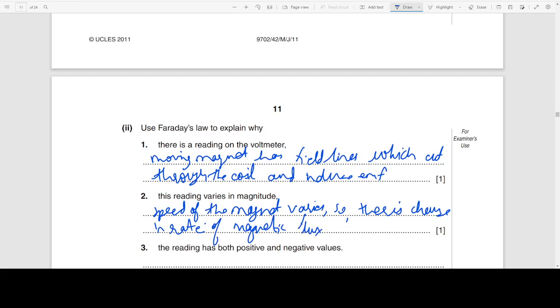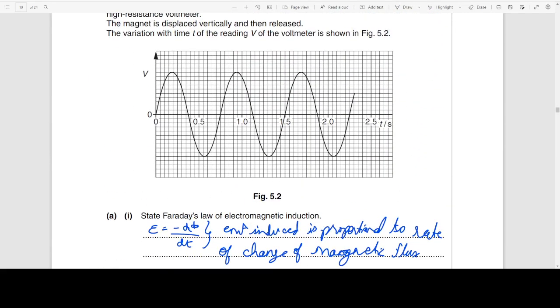And the reading has both positive and negative values, as you can see. The reading goes from positive, positive, positive, and then after this point it becomes negative, then again positive, positive, positive.